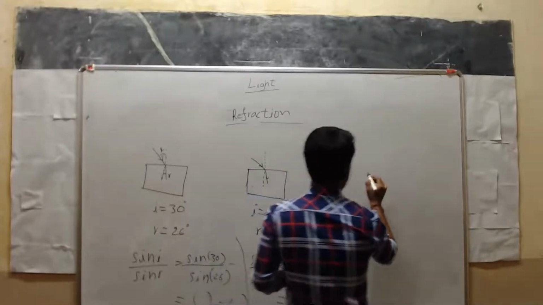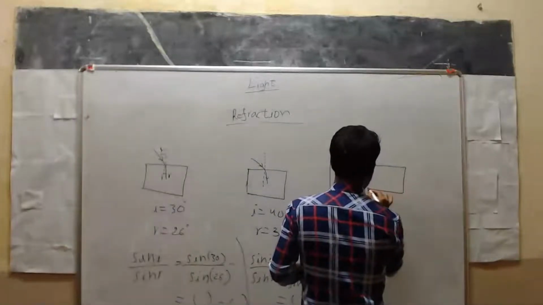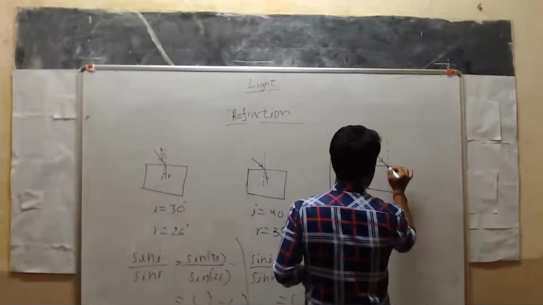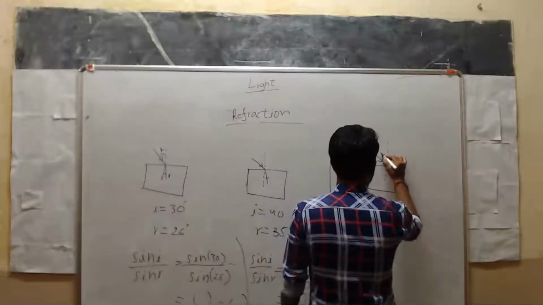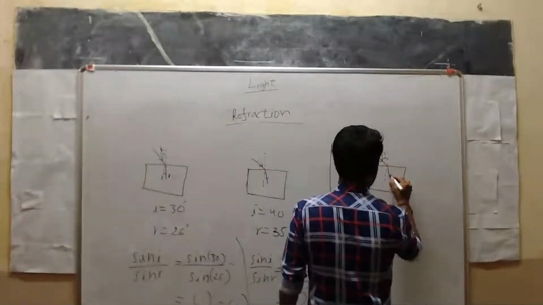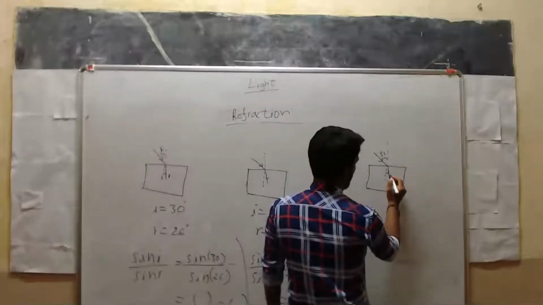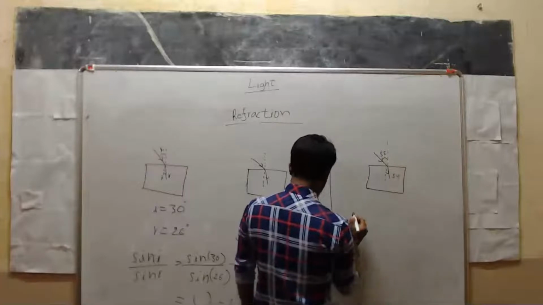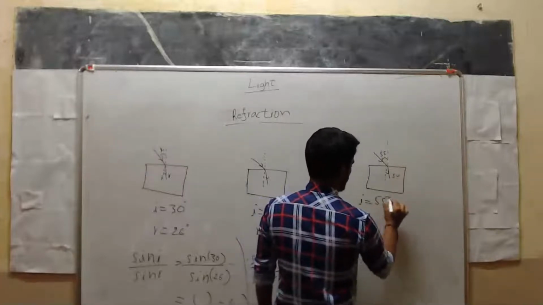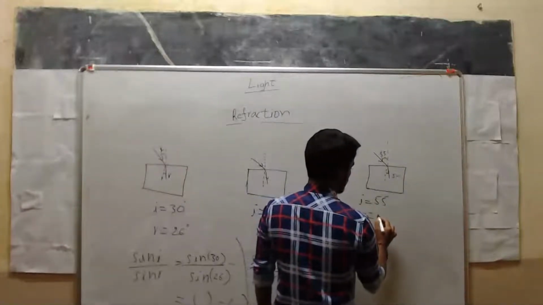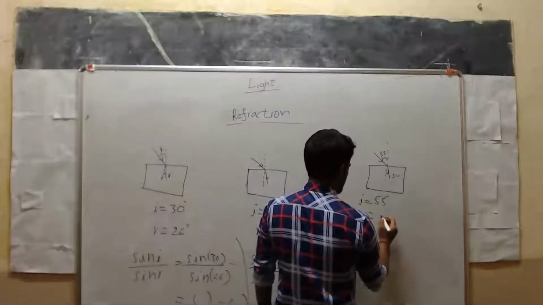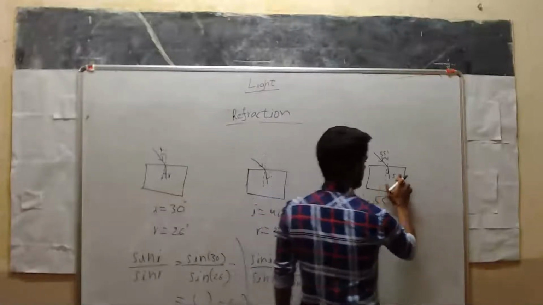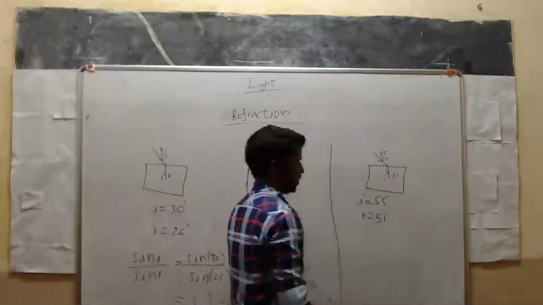Next, I'll change the angle of incidence again. Say I am passing a ray of light at 55 degrees. Then the angle of refraction is 51 degrees. So now I equal to 55 and R equal to 51.